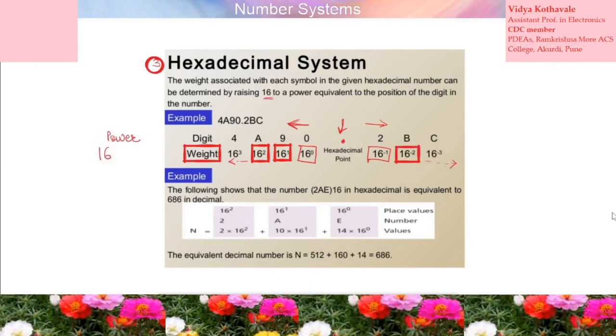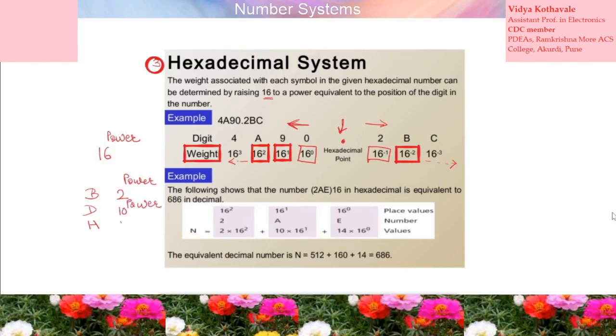So the difference we observed between the binary, decimal and hexadecimal number systems in the weighted powers is: in the binary number system, it was 2 to the power. In the decimal number system, it was 10 to the power.